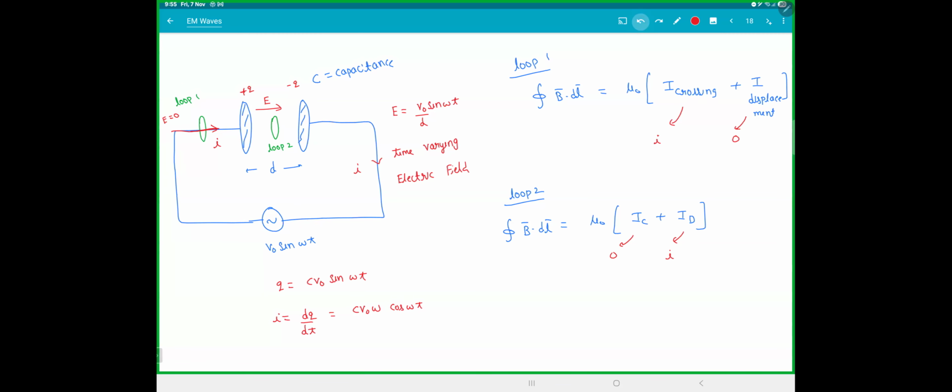It doesn't exist, but it plays the role of a current which is passing through the loop. So if someone asks you what is displacement current, just find the current in the circuit. That is only displacement current. Clear with this? So the whole system behaves as if this current, technically speaking, there should be no current between them, but it feels as if it is just going straight through it and it works. Clear with this?